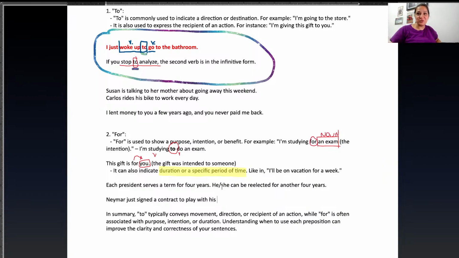Eu acho que ele já saiu do Paris Saint-Germain, não sei para onde ele tá jogando agora. Para vocês verem como eu não sigo futebol. But Neymar just signed a contract to play with his team for 3 years. Okay? Oops. For 3 years. So it indicates a specific period of time.